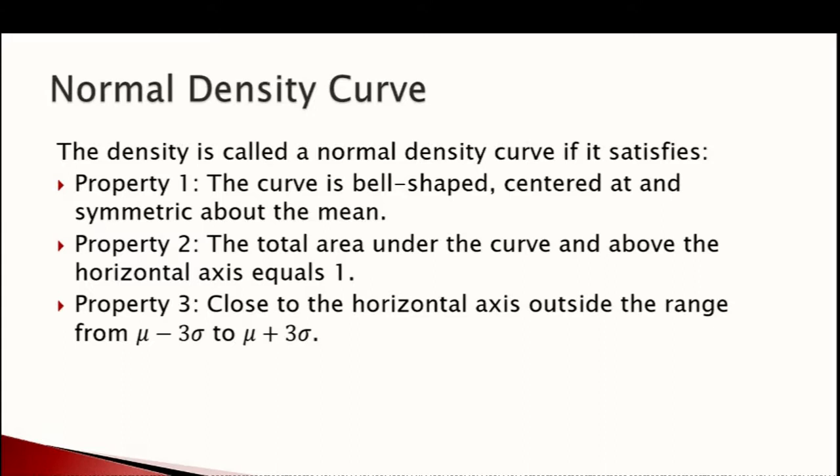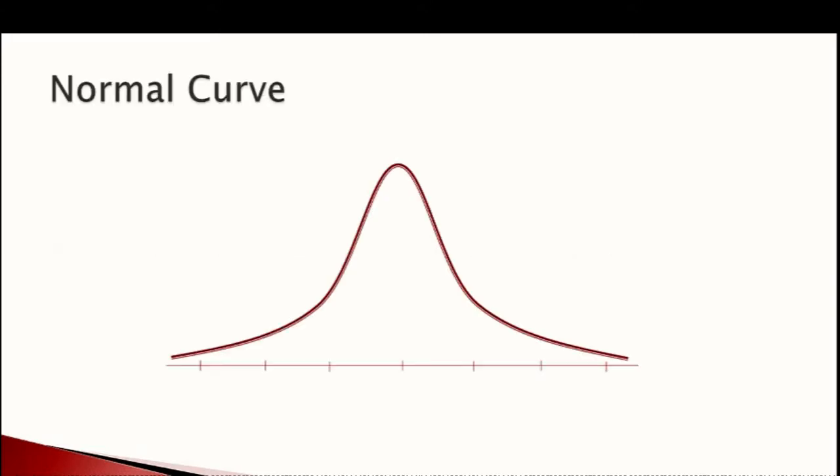I also introduced a graph here so you can see it visually. This is a picture of a normal curve. You can see that the first property can be seen quite clearly on the graph, with the center at the mean mu and a symmetric bell shape. Property 2 is the same as that of a density curve: the total area underneath the curve and above the horizontal axis is equal to 1.